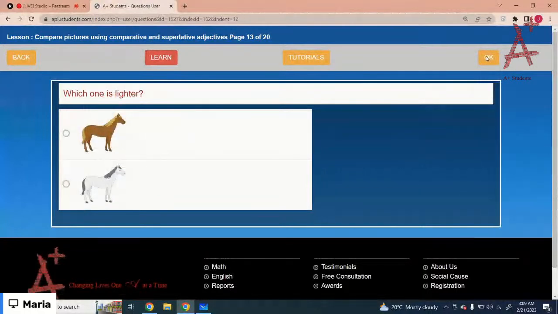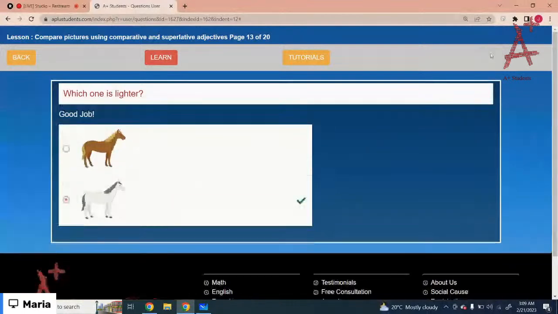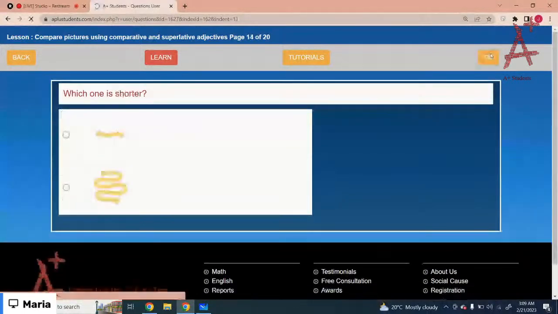Which one is lighter? So, which is lighter? The second one. Got it? Okay, which one is shorter, the first one or the second one?